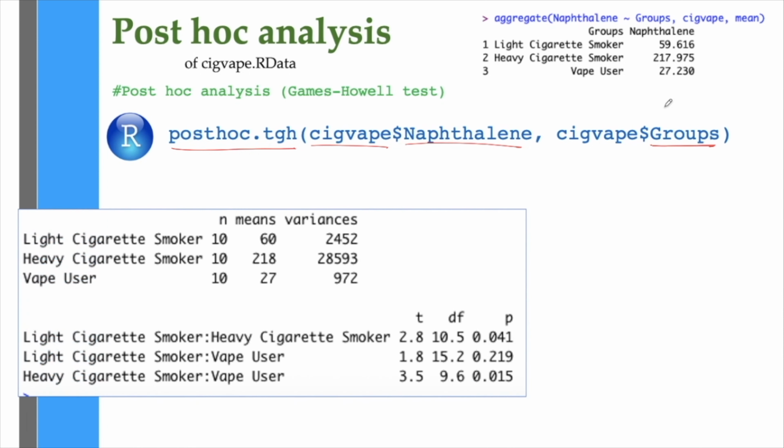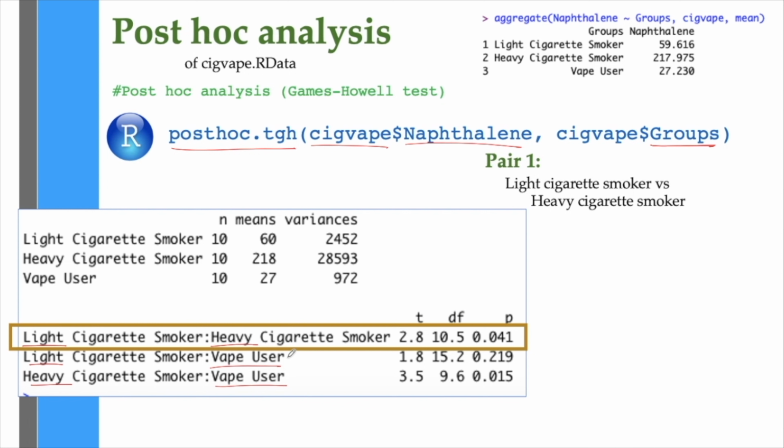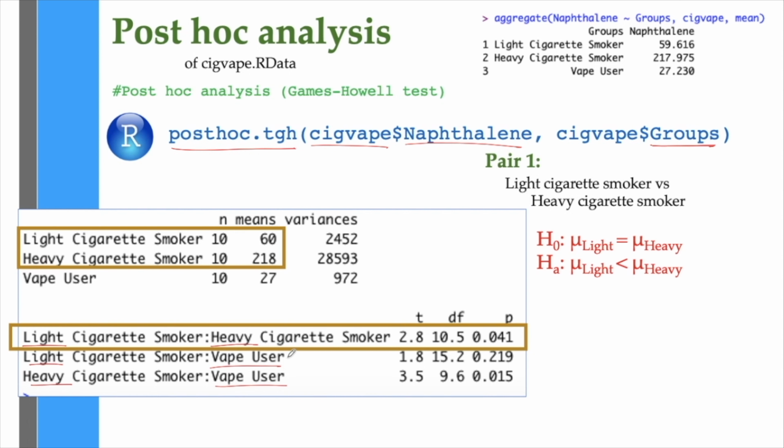And we're going to have this result. Similarly, this is a pairwise comparison wherein it compared the light cigarette smoker versus the heavy, light versus vape user, and heavy versus vape user. So let's start with the light versus heavy cigarette smoker. Of course, the null hypothesis there is that the mean naphthalene of those two groups of smokers are equal.